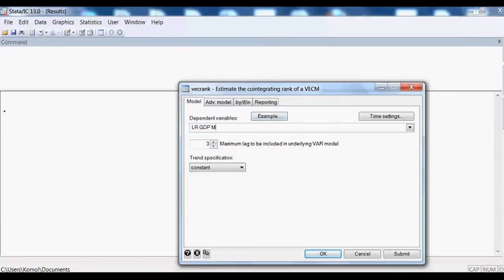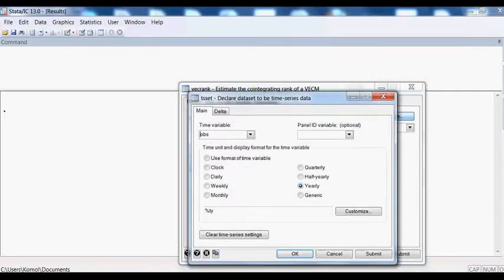And maximum lag I put 3, because the lag selection criteria has advised me to take maximum lag 3. Suppose without testing, I assume that. Then trend specification, I take constant, then I take time settings, here I take observation, right?